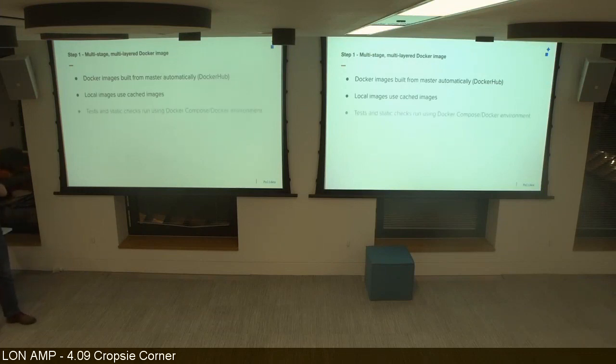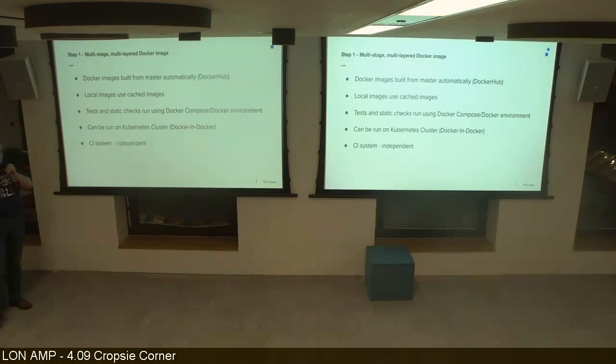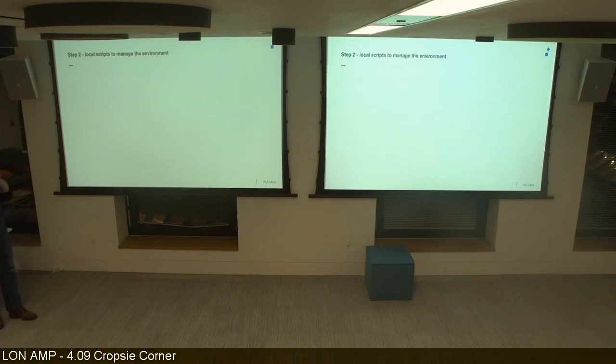We are using cached Docker images, and the tests and static tests are running in this Docker Compose environment. We can also run Kubernetes tests using Docker in Docker. This is something that we are working on right now. The tests are independent from the CI system that we use, which is a prerequisite for migrating out of Travis.